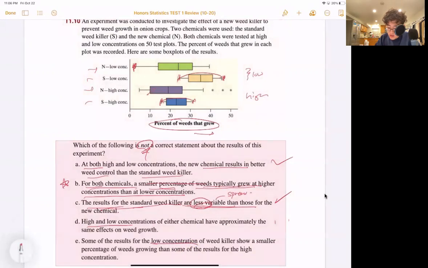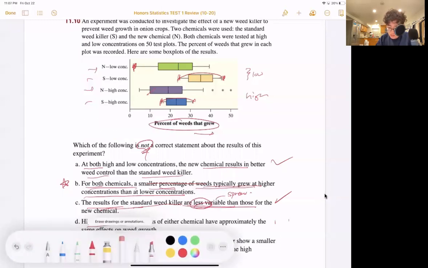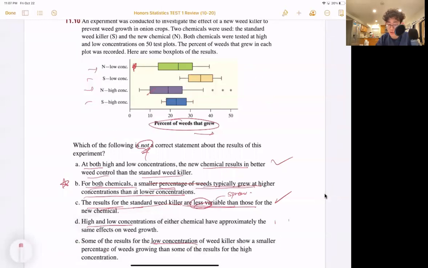High and low concentration of either chemical have approximately the same effect on weed growth. Okay, first of all, that is completely not true. We're picking the one that doesn't sound true. Let's take a look at either chemical in low versus high concentration. For example, this is the low concentration for the new, and this is the high concentration for the new.